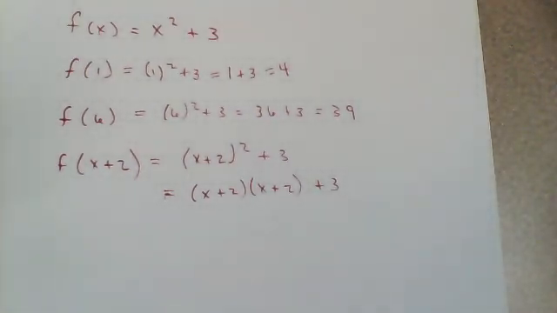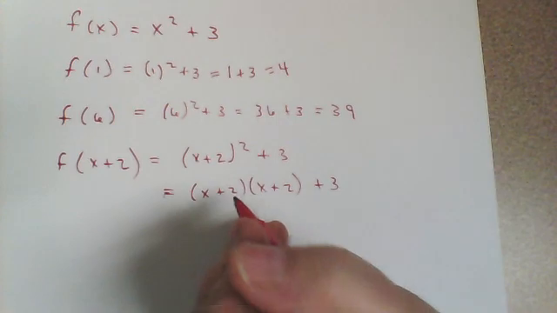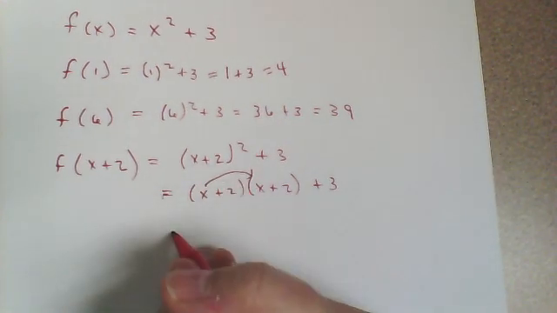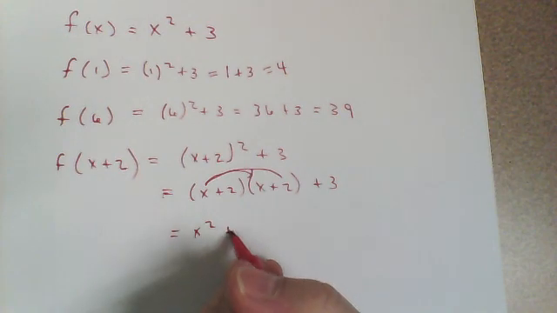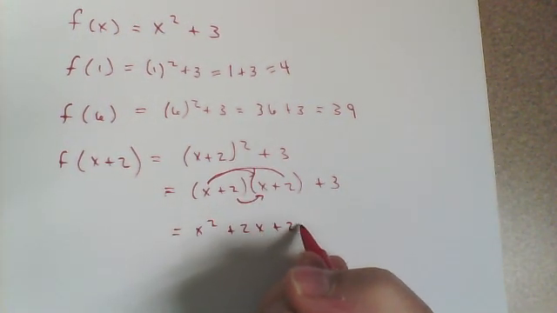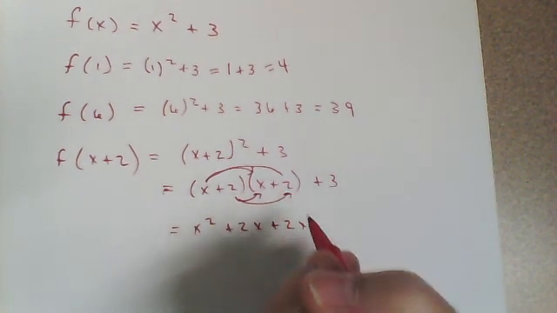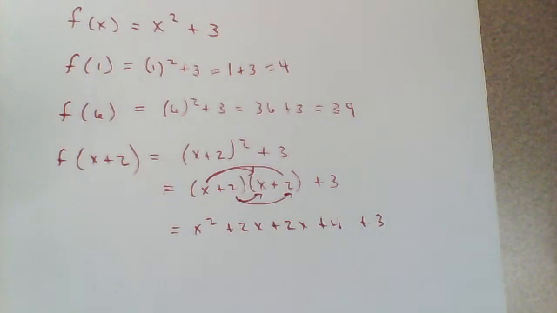And then we're going to FOIL, which I hate saying anyways, you guys know that, so we're going to distribute these through, and we're going to go x times x equals x squared, and x times 2 is plus 2x, 2 times x is plus 2x, and 2 times 2 is 4. And then we've got this plus 3 still on the outside.